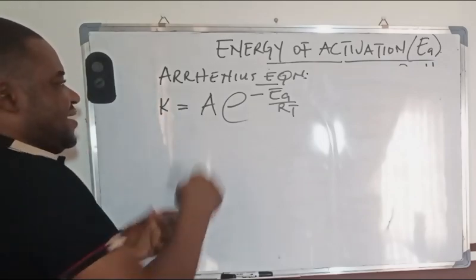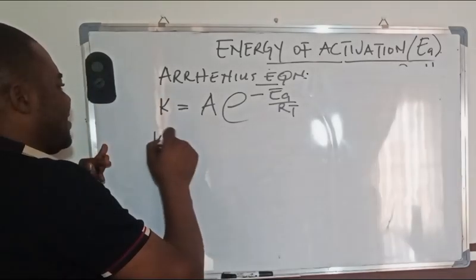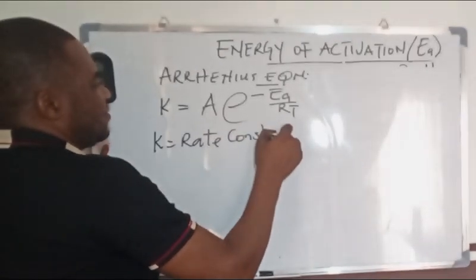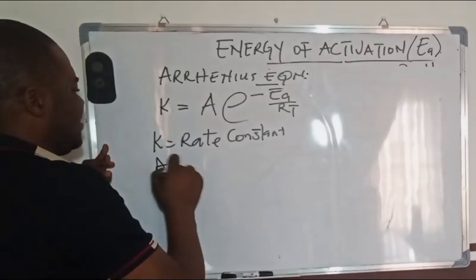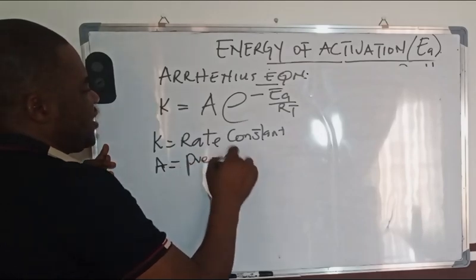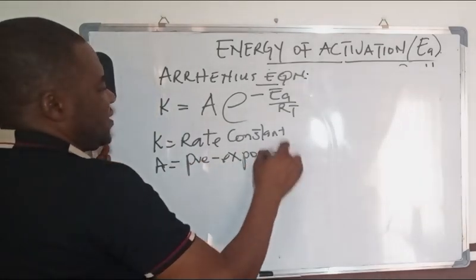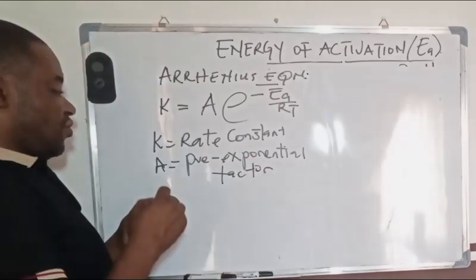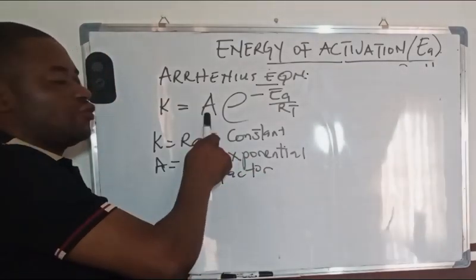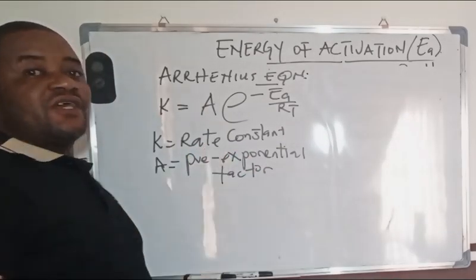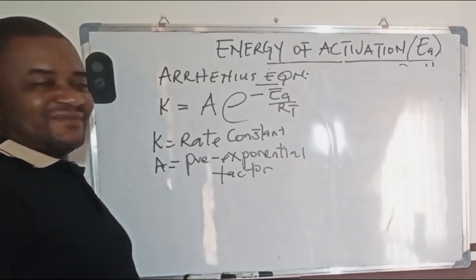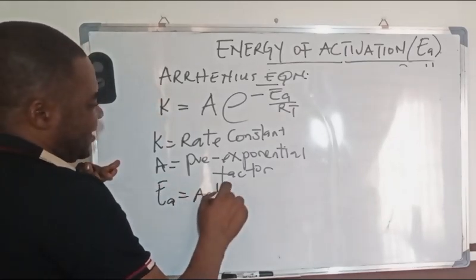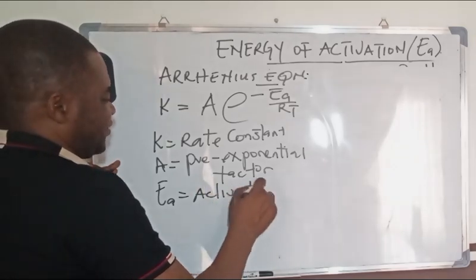And then A is the pre-exponential factor, or you can call it the frequency factor, or even the collision factor. And then Ea is your activation energy or the energy of activation.